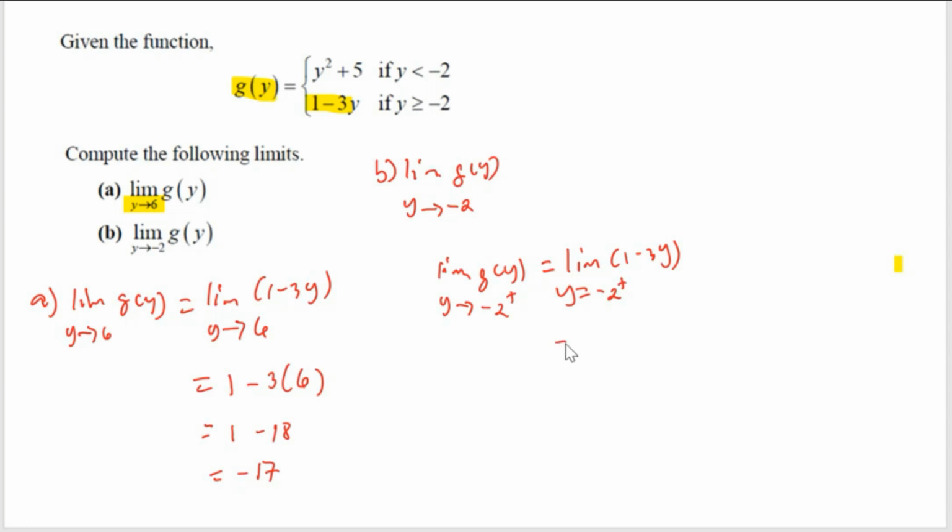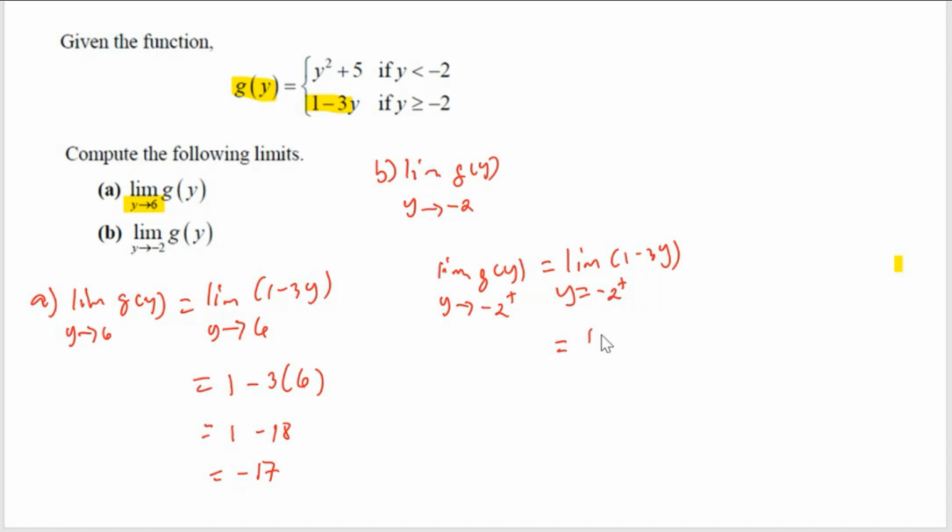What's the limit of 1 as y approaches negative 2 from the right? The answer there is a constant, which is 1.